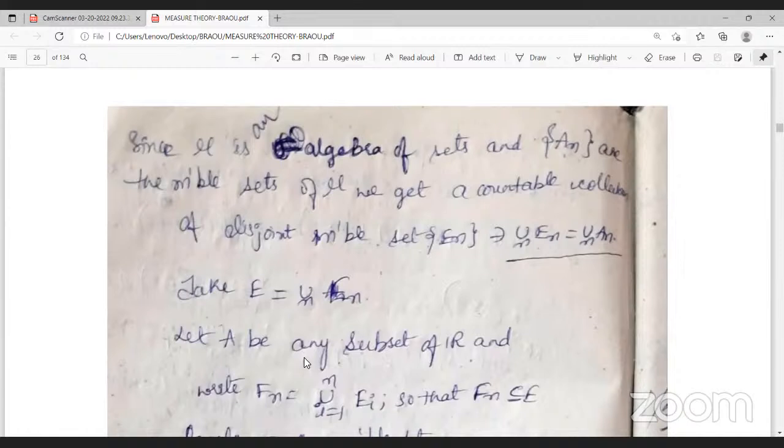Write down: M star of En plus M star of F, which means M star of the union of i equal to 1 to n minus 1 of Ei.